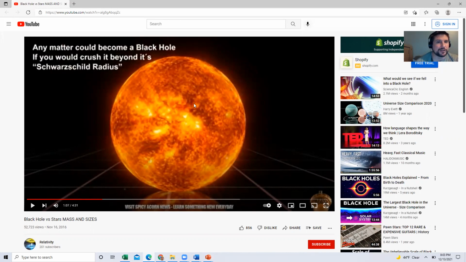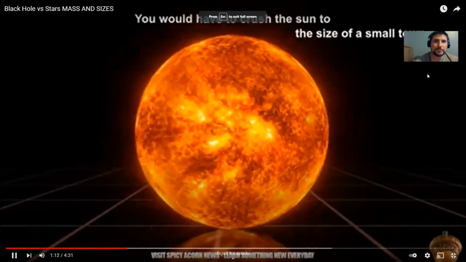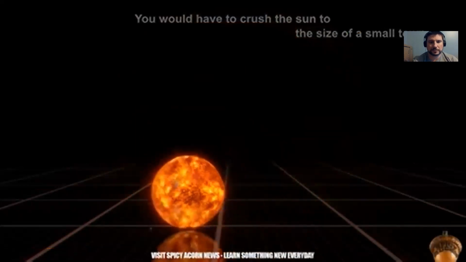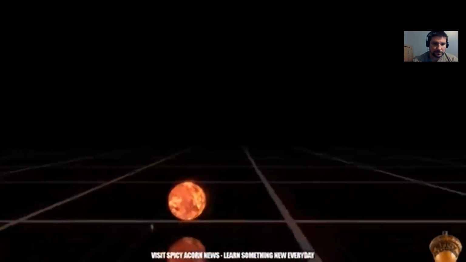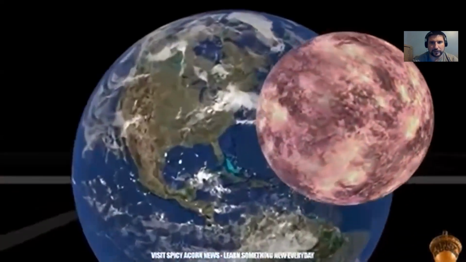And the Schwarzschild radius is the size that that mass would need to have in order to be a black hole. That's what the Schwarzschild radius is. So this is going to demonstrate that right now. So it's now the size of Earth and going.